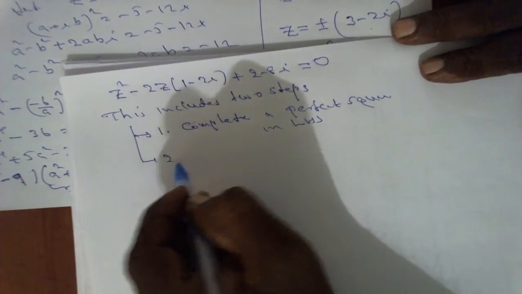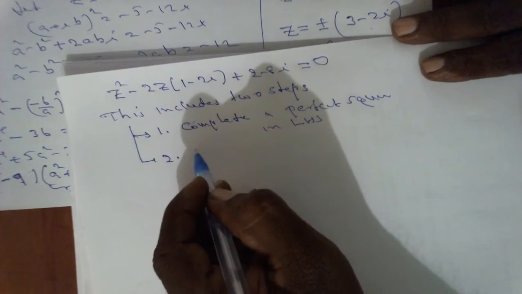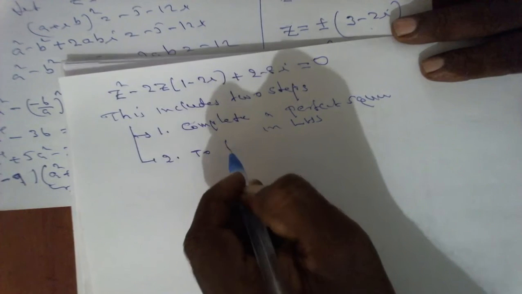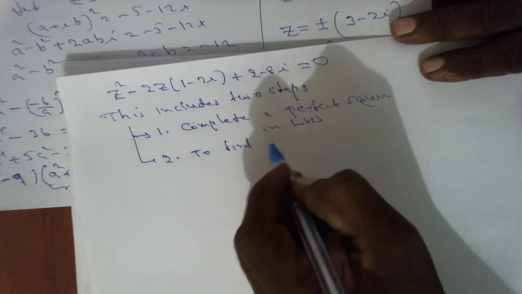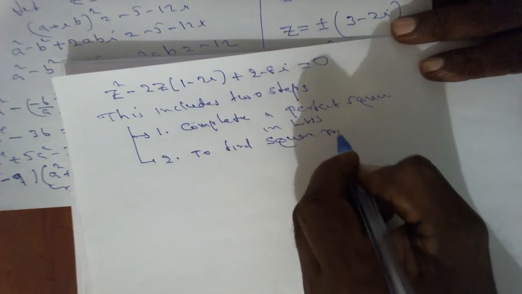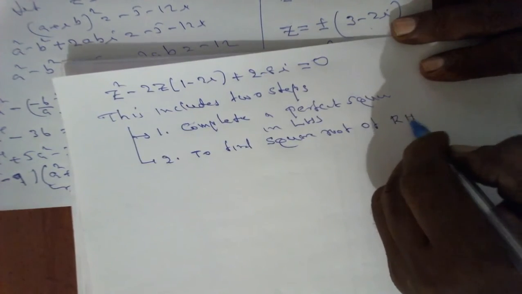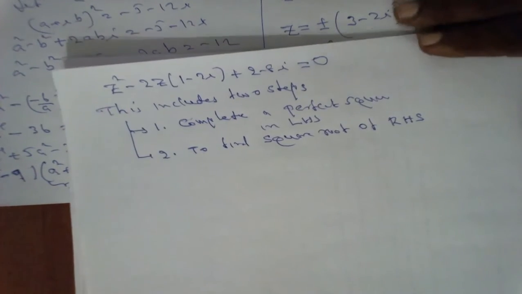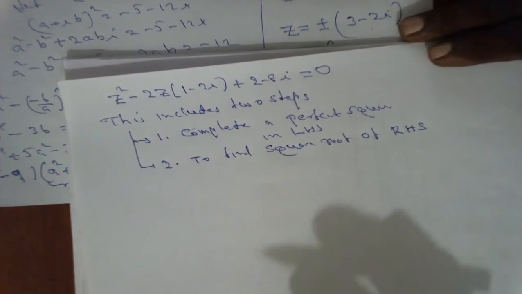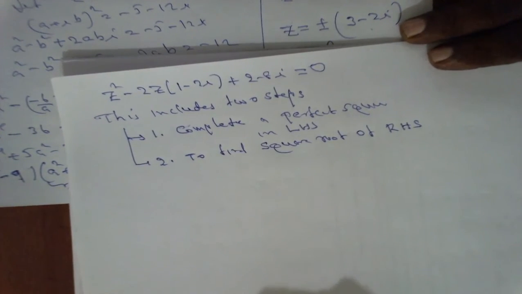Second step, to find the square root of the right hand side. When you solve this equation, you have two steps. First step is complete the perfect square in the left hand side.